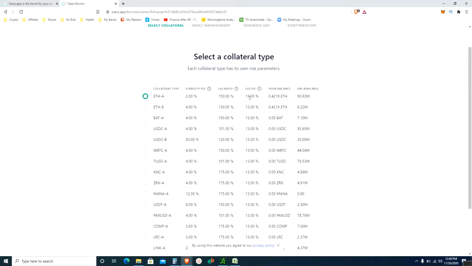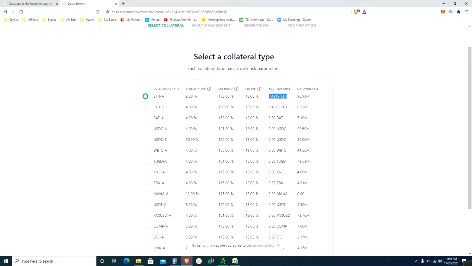And liquidation fee 13%, meaning that if we're taking, I don't know, $100 worth of DAI loan, and Ethereum is at 500, then once Ethereum goes to 400 and I haven't closed that loan and paid it off, not only are they gonna liquidate my Ethereum and pay off my loan, they're also gonna take a 13% fee. So pay attention to the Ethereum price if you are going this route and giving yourself a loan using Ethereum as collateral.